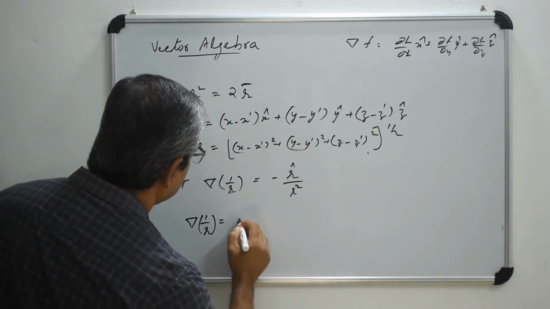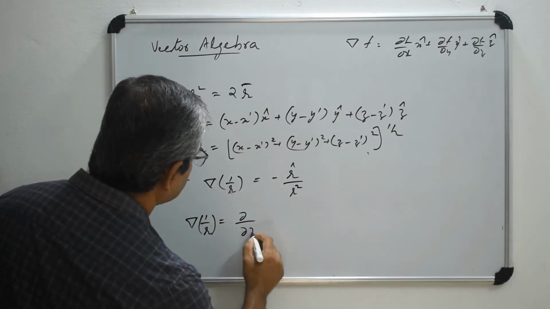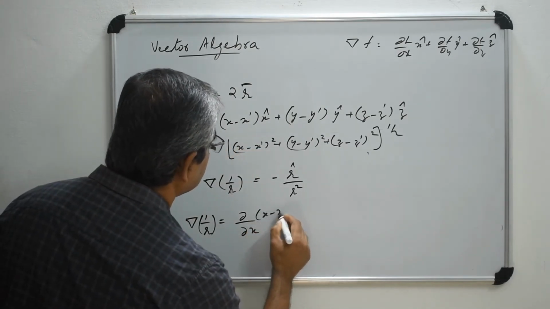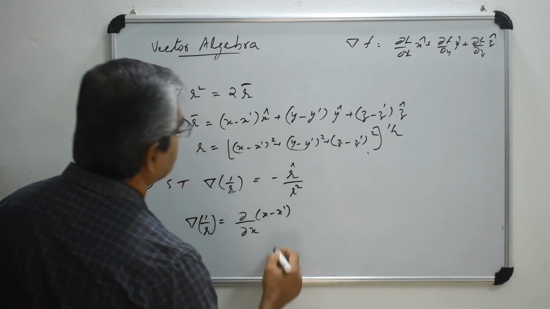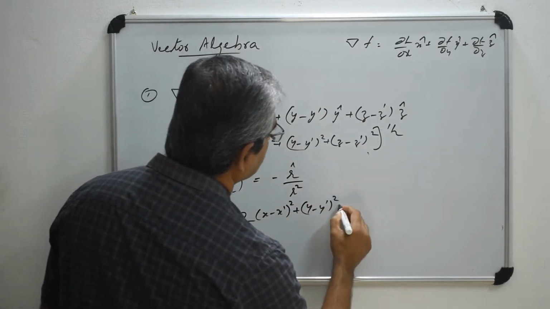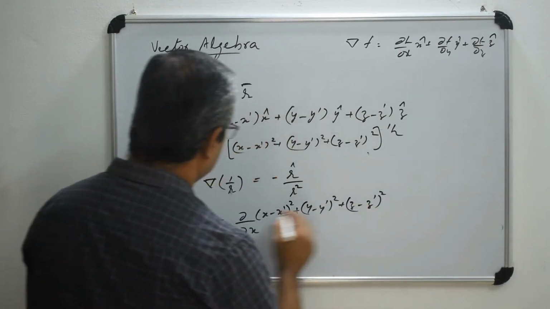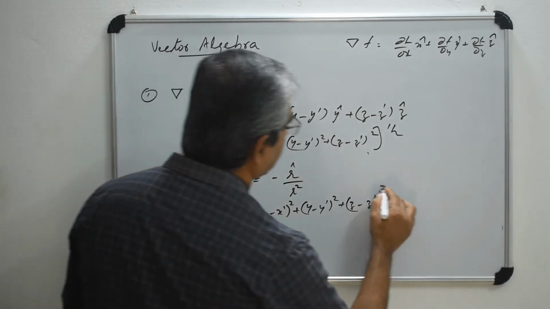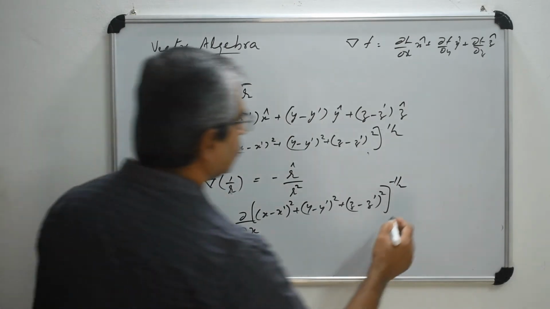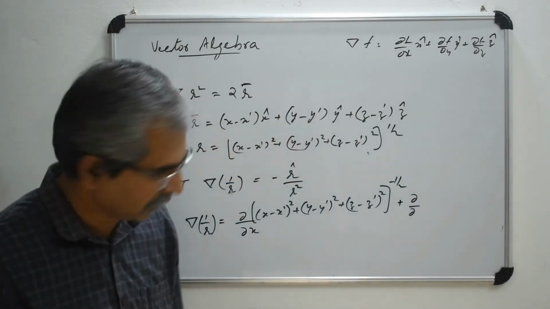So the equation will be dou by dou x of 1 by r, that is equal to x minus x dash the whole square plus y minus y dash the whole square plus z minus z dash the whole square raised to minus half, into x cap is there.